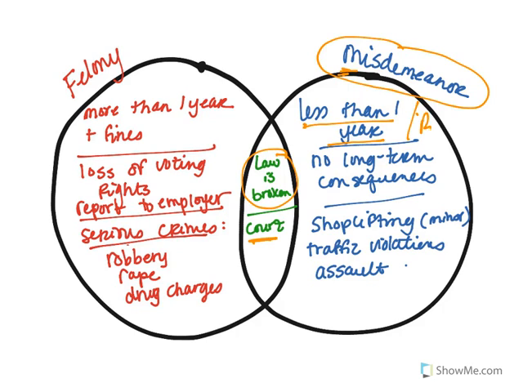You may also have a fine, or you may only have to pay a fine and no time in jail. You may be ordered to go to anger management, whatever, but less than a year in jail. There are no long-term consequences if you are charged with a misdemeanor, meaning it's not going to affect you in your workplace, etc., most of the time.